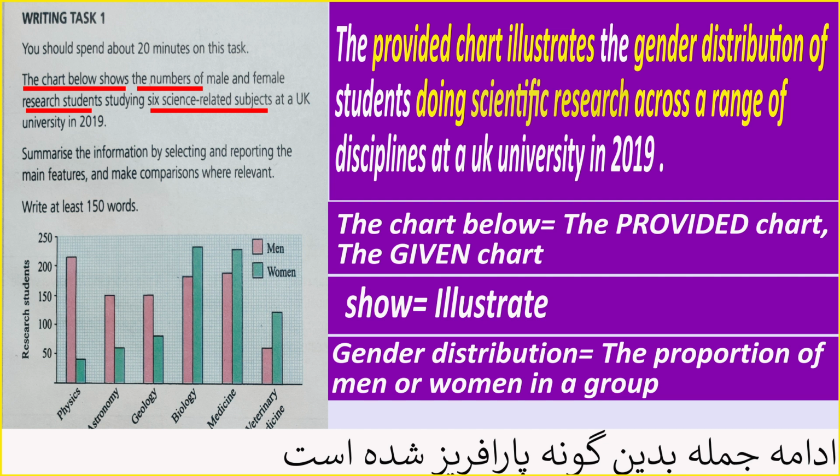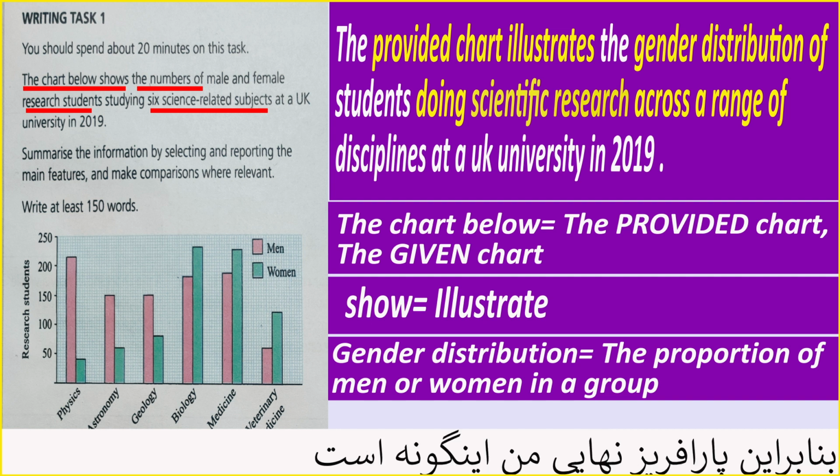Instead of that, I can say students doing scientific research across a range of disciplines. So my final paraphrase could be, the provided chart illustrates the gender distribution of students doing scientific research across a range of disciplines at a UK university in 2019.